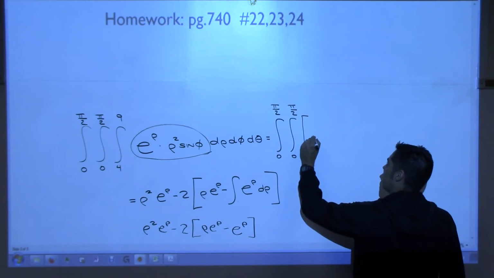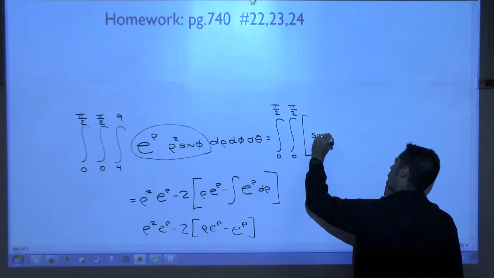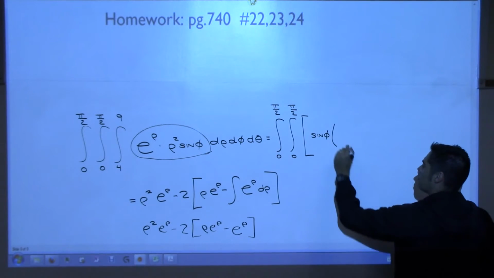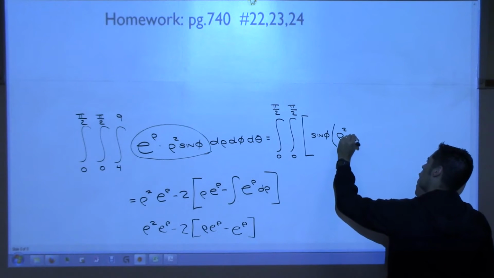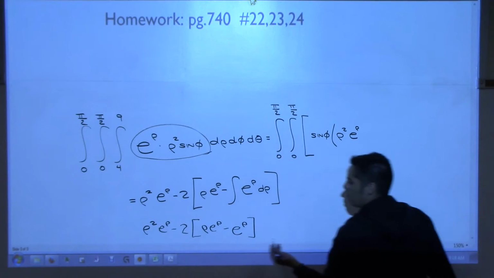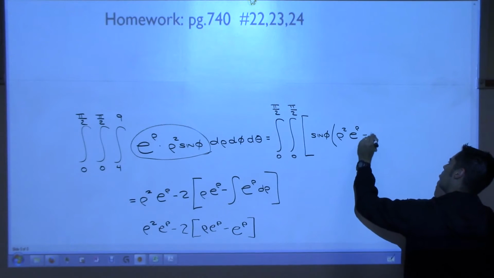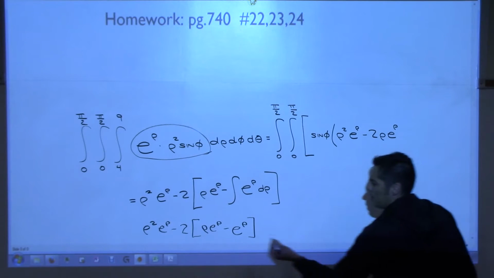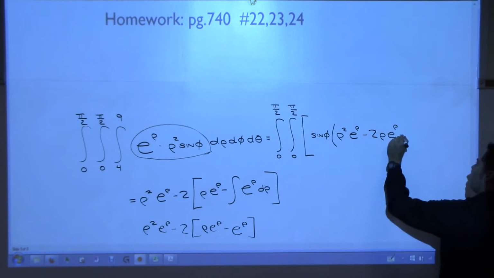So it'll be sine phi times rho squared e to the rho, that's this, minus 2 rho e to the rho, and then plus 2 e to the rho.